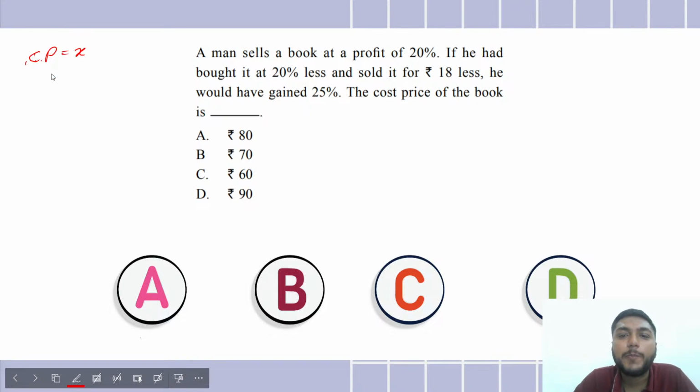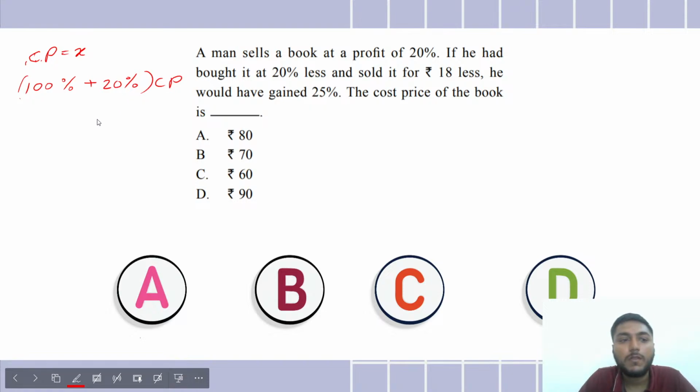So now if we have a book, what would be the percentage in terms of the cost price? It would be 20%, right? How? See, 100% plus 20%, right? So this is all in terms of what? This is all in terms of cost price, right? So this whole percentage would become 120%, right?